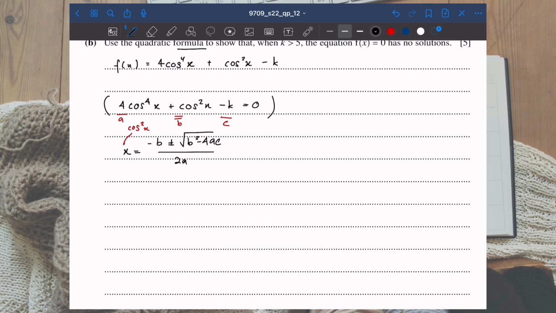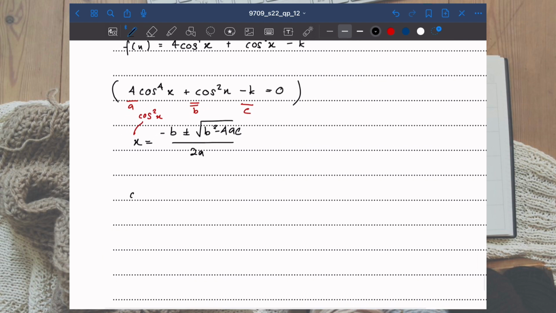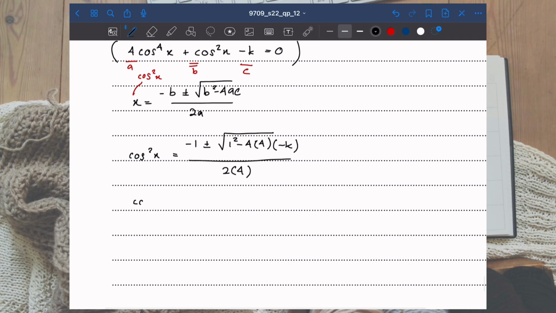So substituting back these values, cos square x equals to negative 1 plus minus square root of 1 square minus 4 times 4 times negative k over 2a, which is 2 times 4. So our cos square x will be negative 1 plus minus square root of 1 plus 16k over 8.